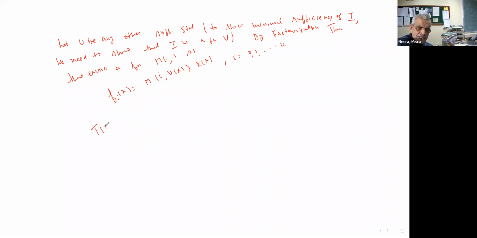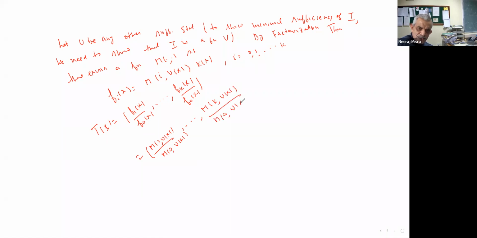What does that mean? That means T(x), which is f1(x) by f0(x), ..., fk(x) by f0(x), is the same as m1(U(x)) by m0(U(x)), and then mk(U(x)) by m0(U(x)). These m are known, m is a known function.